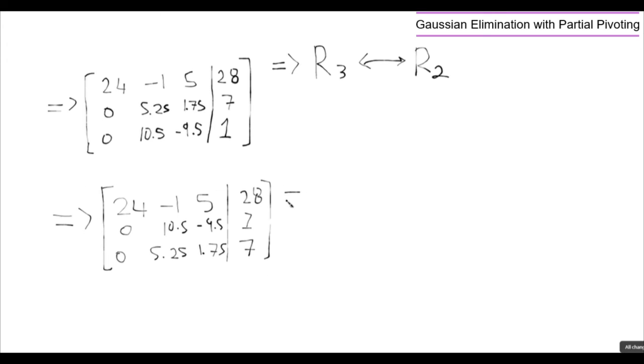Now we continue the method by again performing the needed row operations to transform the matrix to an upper triangular matrix.